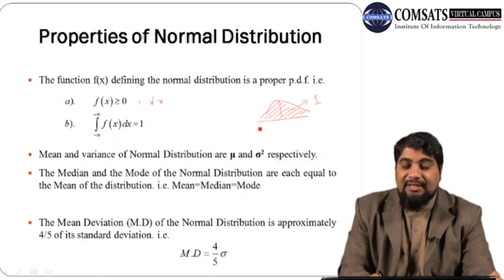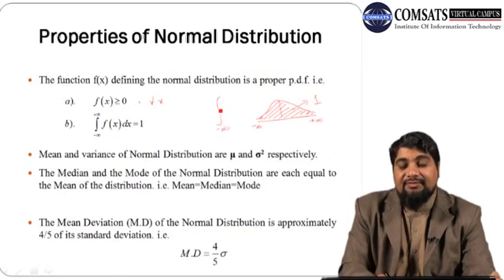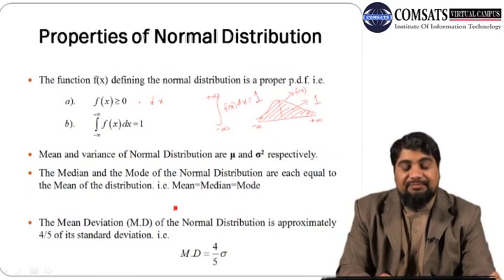Since the range of x is from minus infinity to plus infinity, this full area can be represented with the help of an integral, and the range of the integral is from minus infinity to plus infinity, and this bell-shaped curve is f of x. So the integral of this f of x dx is equal to 1.